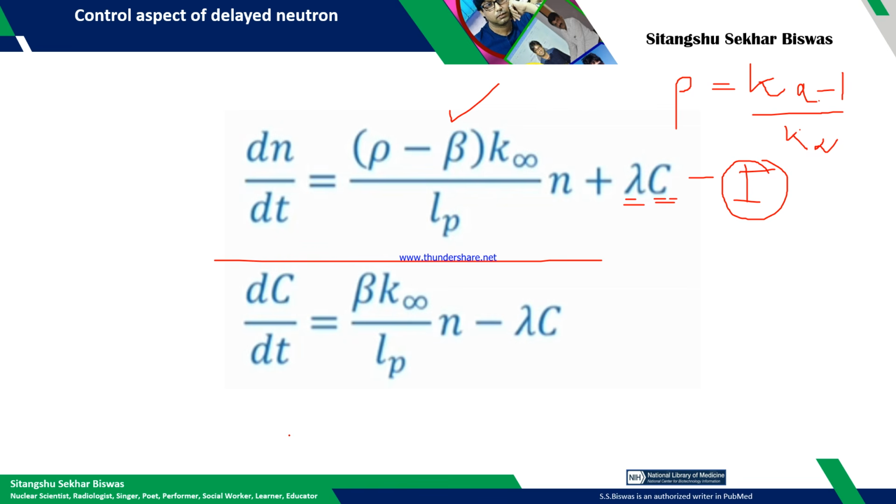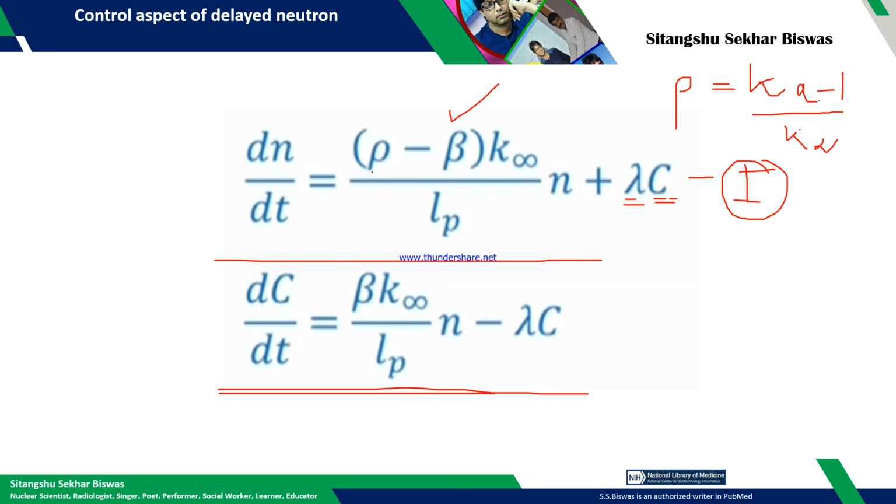And this is the continuity equation for the delayed neutron precursors. Both of these things I am writing from the standard textbook, based on Fick's law and the diffusion equation.